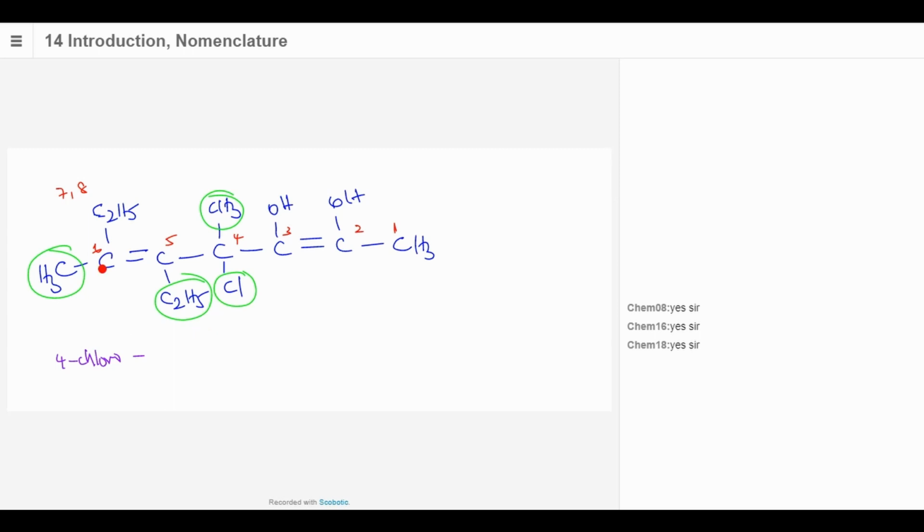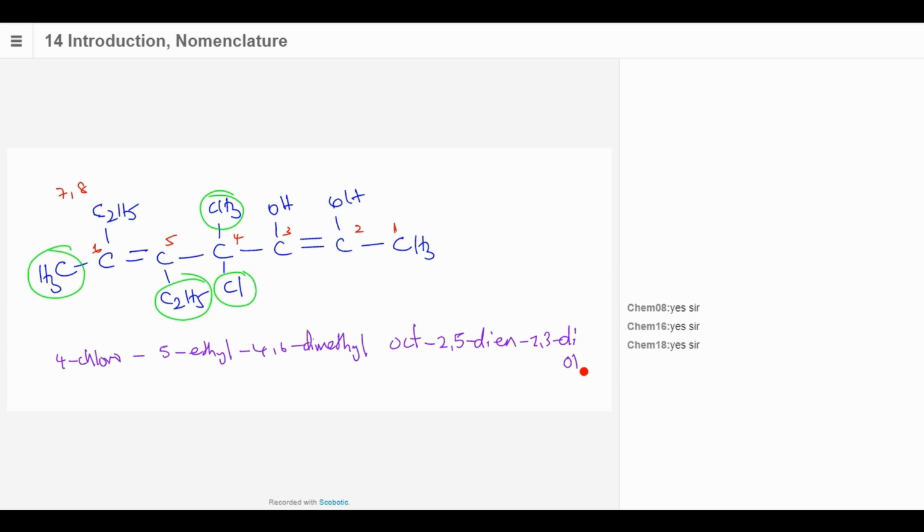Then you have ethyl, which is 5-ethyl. 4,6-dimethyl, oct, 8 carbons, oct, 2,5-diene, and 2,3-diol. Check whether you got this right. Right? Got it correct?